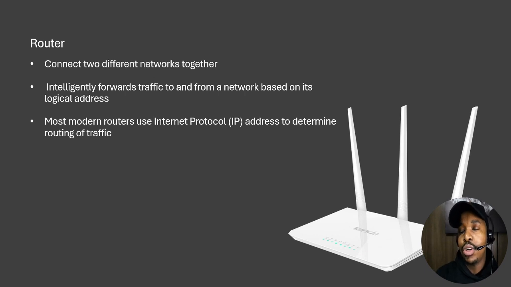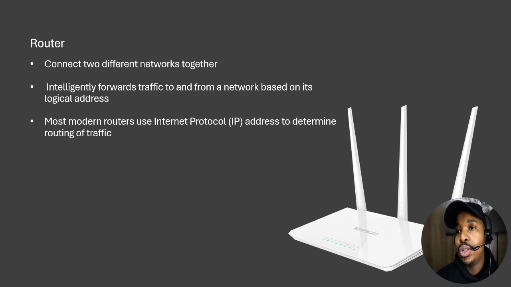So the next network component that we're going to be talking about is the router. So a router connects two different networks together, and it intelligently forwards traffic to and from a network based on its logical address. Most routers use Internet Protocol to determine routing of traffic, so it uses IP addresses to forward data.